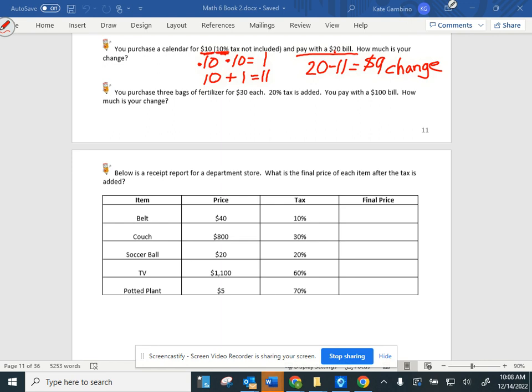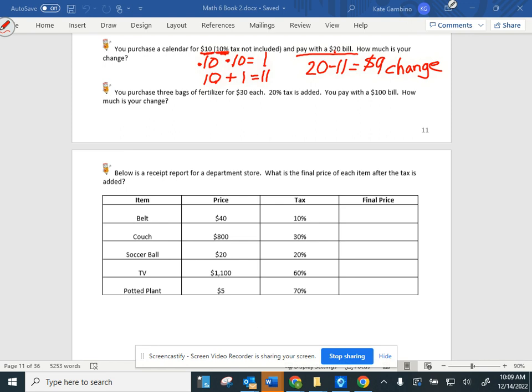Questions on this problem? Bennett? Wait, where'd you get the 11? I added my $10 calendar plus my $1 of tax. So we found out that tax by doing 0.10 times 10. So the percentage, 10% of 10 is 1. So that's $1. So I added the $1 of tax onto that calendar price of $10. Okay. Aiden?